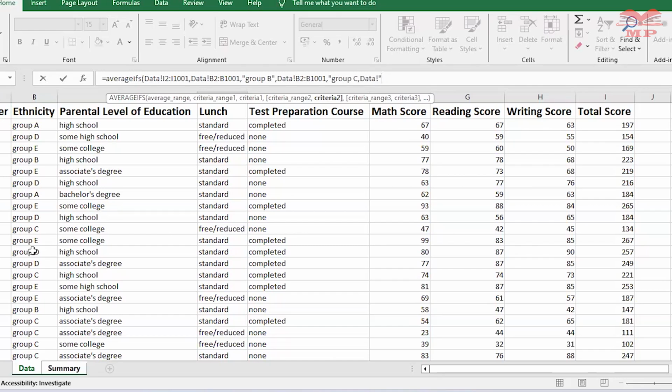I suspect there's a more efficient way of doing this. I do not think you have to repeat this every time. It looks like we are making reference to the same criteria over and over. So if I'm doing that, I can just copy this and just change.